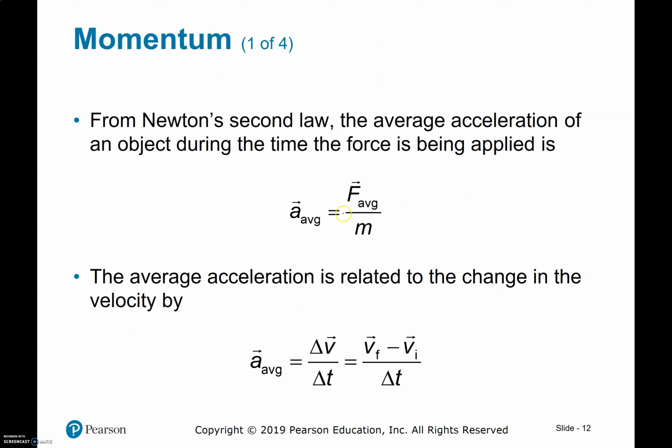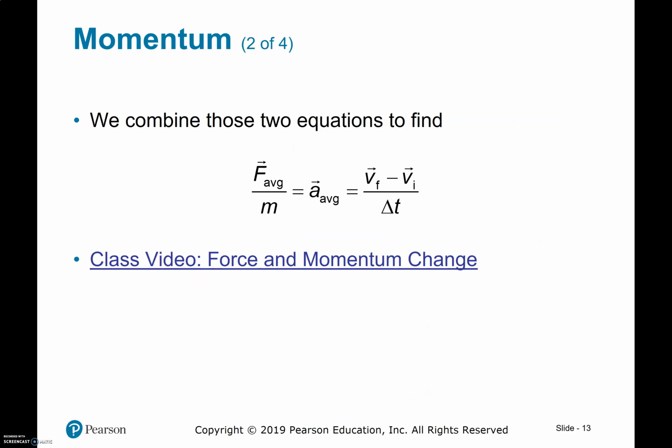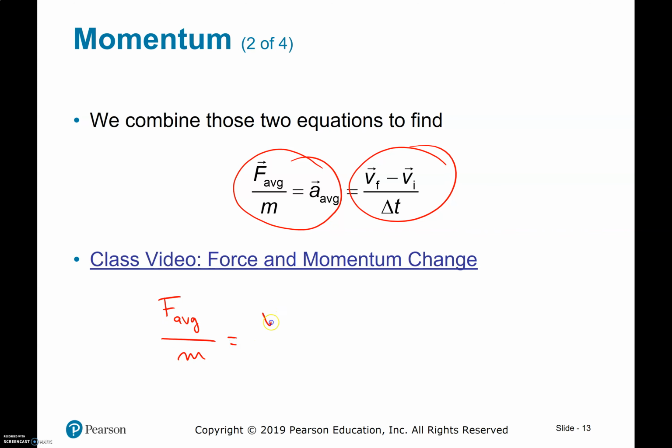Let's start with Newton's second law. We have the average force divided by the mass, which gives you the acceleration. And the average acceleration is the final velocity minus the initial velocity divided by delta t. Now we can combine Newton's second law and the definition of average acceleration. Then F average divided by the mass is equal to v final minus v initial, and these are vectors, divided by delta t.